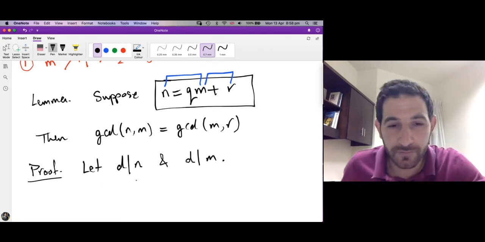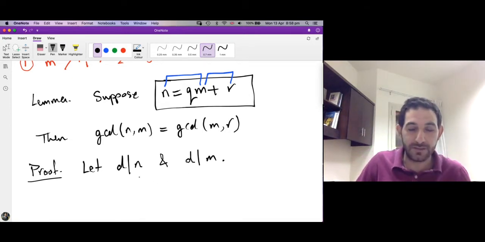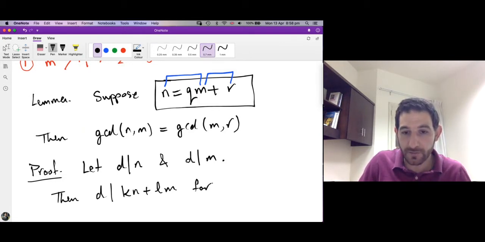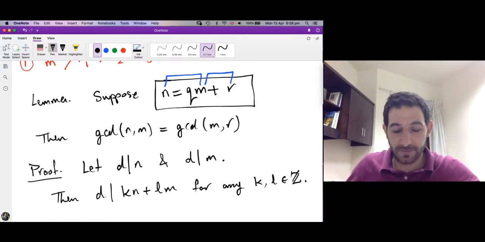Remember we proved in the divisibility section that if an integer d divides two integers n and m, then d divides kn plus lm for any integers k and l. We proved this, one of the properties of divisibility.